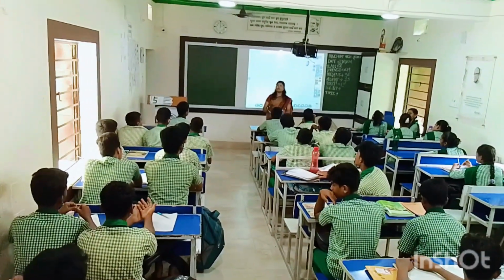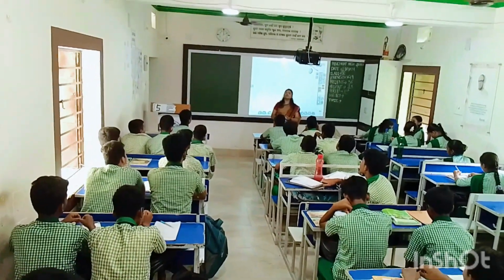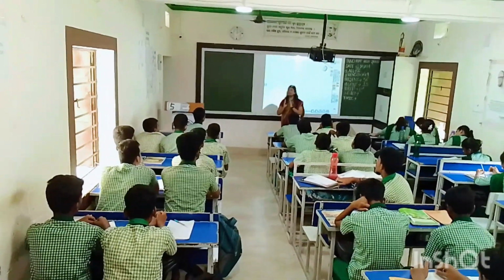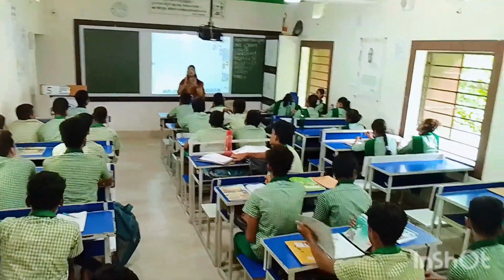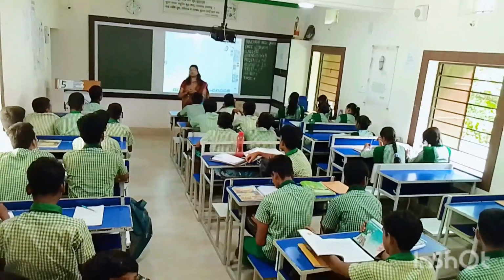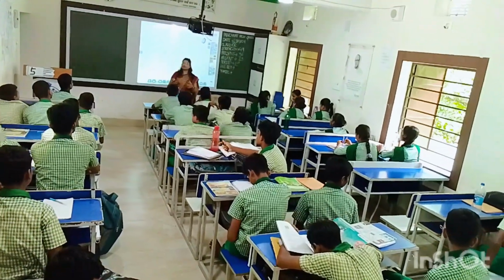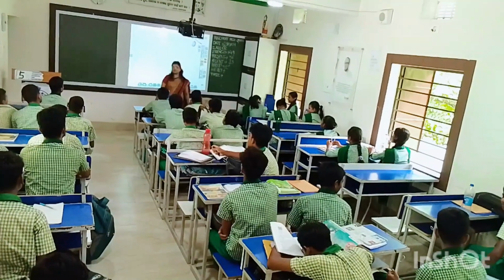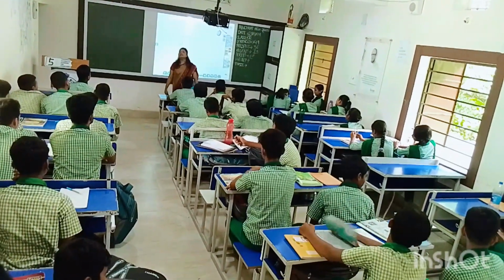It may be of distance, it may be of weight, it may be the time period. These kinds of quantitative expressions always take the singular. It may seem like a plural unit, like 5 kilos. 5 kilos is a plural unit, but it always takes the singular. So you have to keep in mind that when we talk about quantitative expressions, it may seem like a plural unit, but you have to use the singular one.